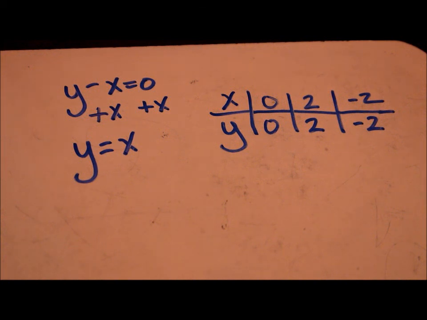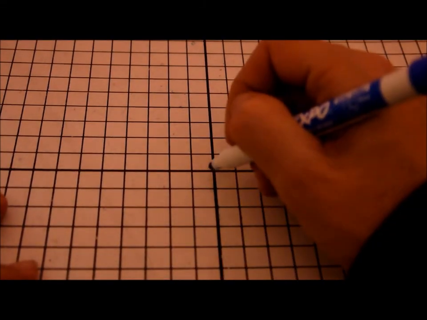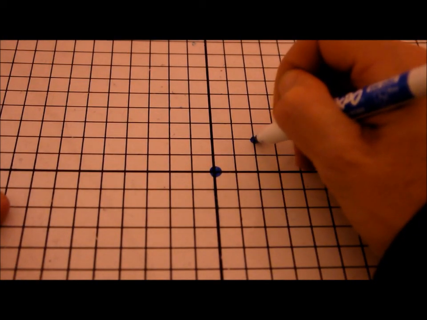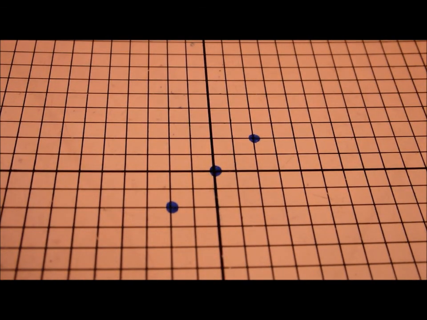Okay, so let's go ahead and graph those points on your graph paper. Okay, so I'm going to switch that out. The book used 0, 3, and negative 3, but it doesn't really matter. Okay, so we did 0, 0, and we had 2, 2, and we had negative 2, negative 2. Okay, and you see what's happening there?